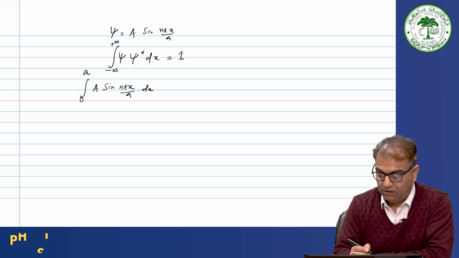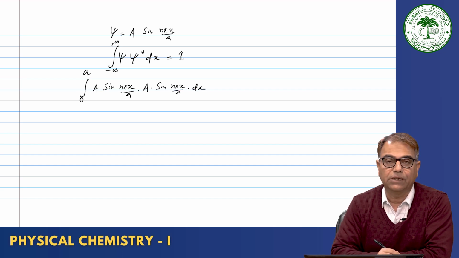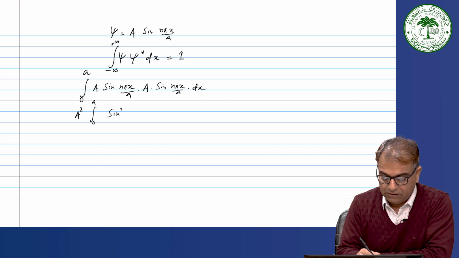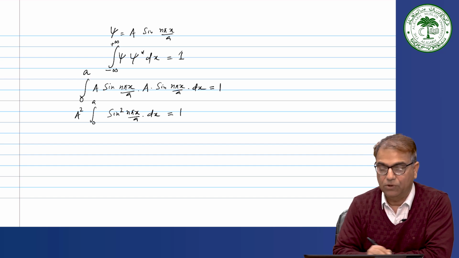Then again the next function is A sin(n pi x upon a) dx. So what we can write is A squared, integral from 0 to a, sin squared(n pi x upon a) dx, and this should be equal to 1. This you have to find out.